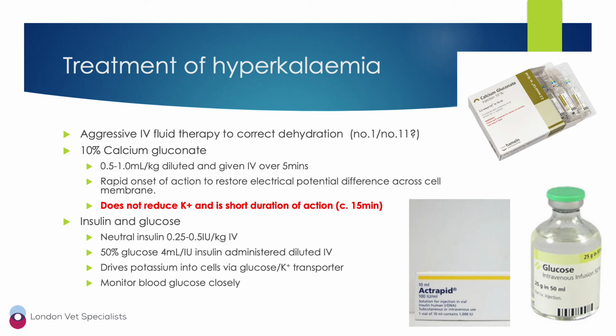So treatment of hyperkalemia, you definitely want to do this before considering progressing to surgery. Uroabdomen in itself should be treated medically in the first instance in order to try and improve anaesthetic safety when the surgery to repair the bladder is performed. So initially you want to give aggressive fluid therapy to try and dilute that potassium out.